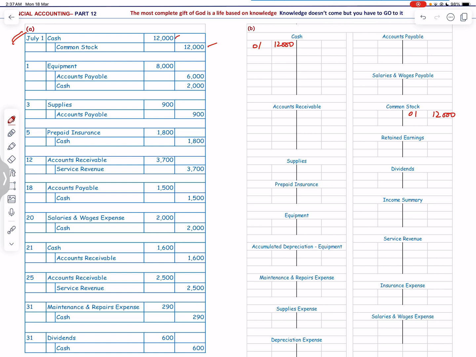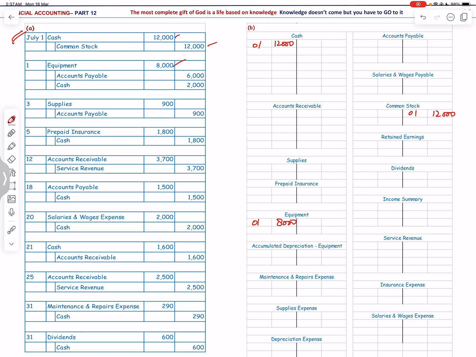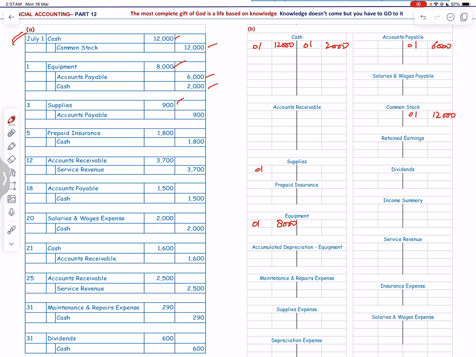Accounts payable is credited by 6,000 and cash is credited by 2,000. Then we have supplies. Supplies is debited by 900 and accounts payable is credited by 900. Then prepaid insurance is debited by 1,800 and cash is credited by 1,800.